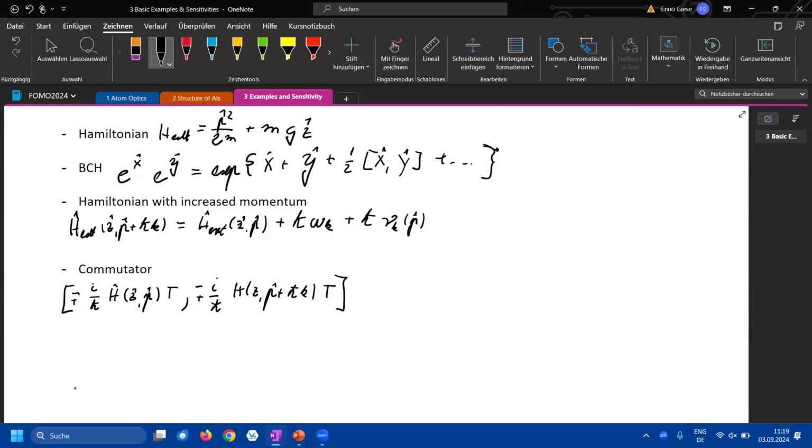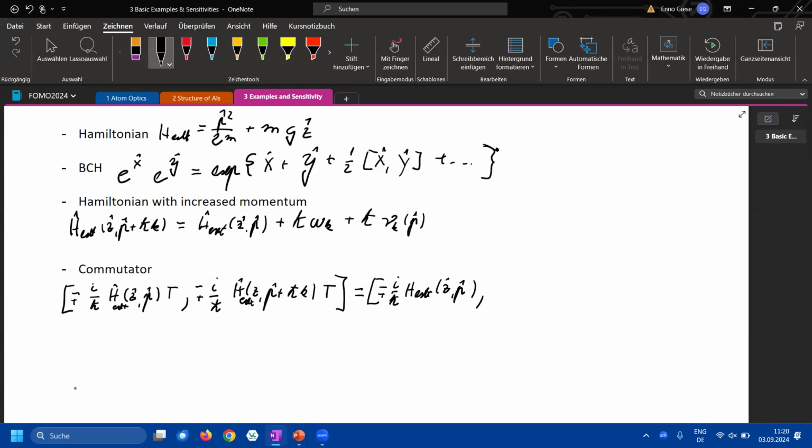Okay. And of course, the only remaining part: H external commutes with itself if it has the same arguments. So the remaining part, what we actually have to calculate, is minus or plus i over h bar times H external of Z and P, commuting with the recoil frequency plus the Doppler frequency.